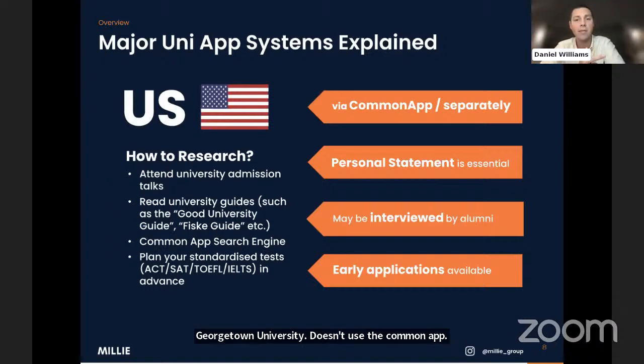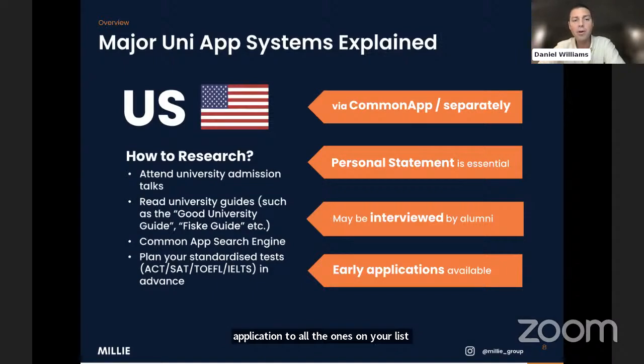MIT doesn't use the Common App. There are some other universities also that don't use the Common App, but most of them do. Over 800 schools in America use the Common Application. Just like the UCAS portal, it's a central location that holds all of your information. And when you apply to the universities, that central portal will send out your application to all the ones on your list.